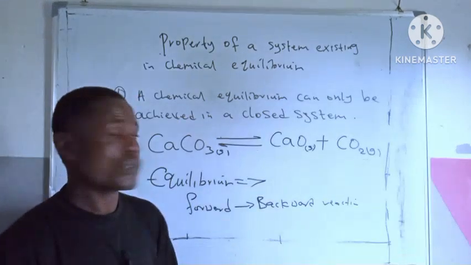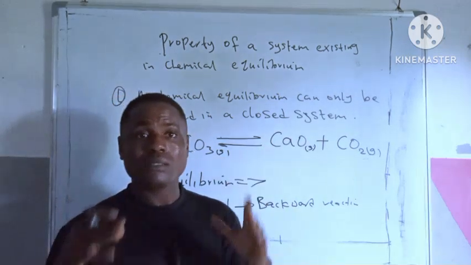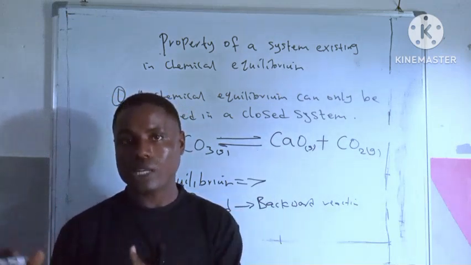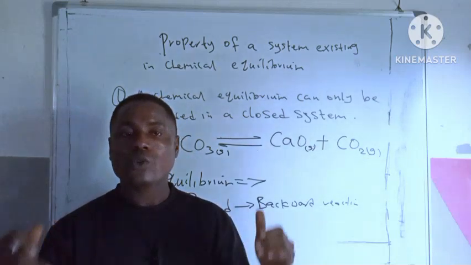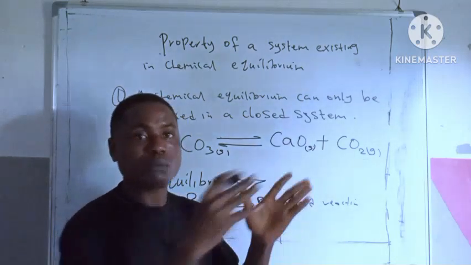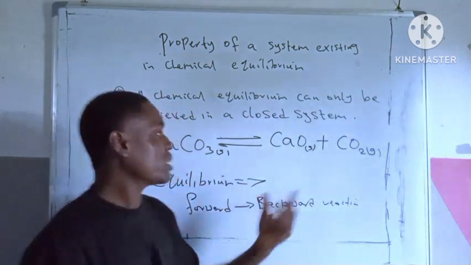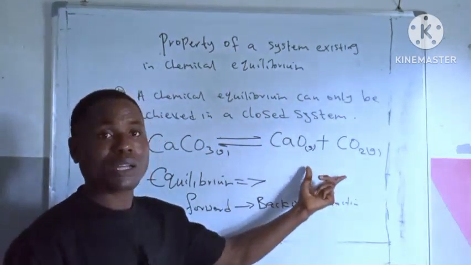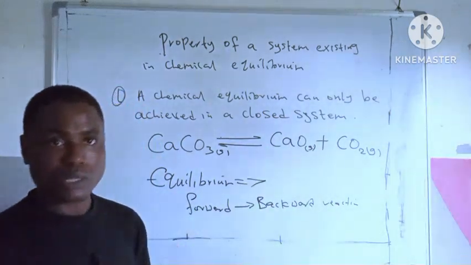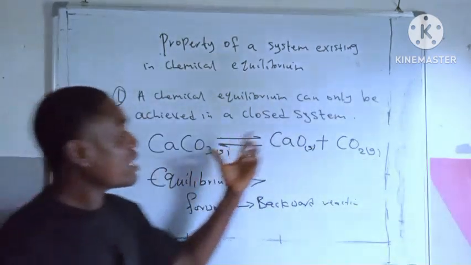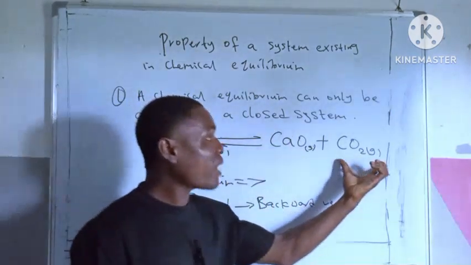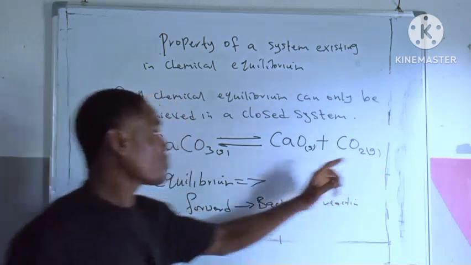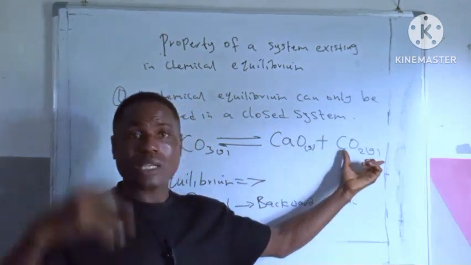That is why a reversible reaction will behave like an irreversible reaction. Most chemical reactions are reversible, meaning they can move forward and backward. The reactants can react to form the product, and at the same time, the product can react again to form the reactants. So in this type of equation, as far as it is taking place in an open space or open vessel, the carbon dioxide will keep escaping.